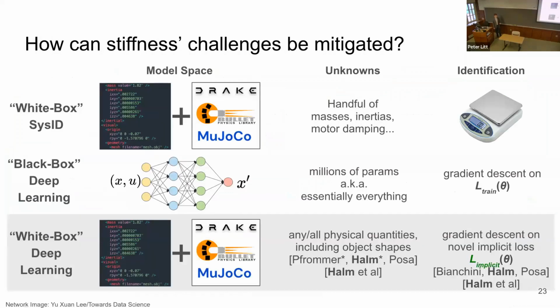When we do so, we're going to take a paradigm that I'm going to call white box deep learning, that combines the physical interpretability of physics-based models and simulation with the spirit of empirical identification and learning complex quantities from scratch from the computational toolchain of deep learning. We're going to be doing this in two parts.